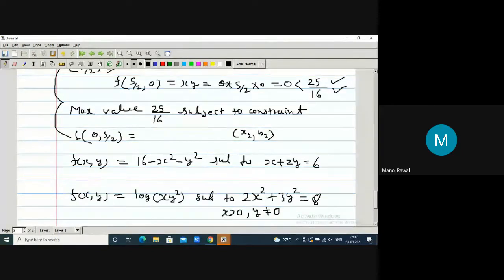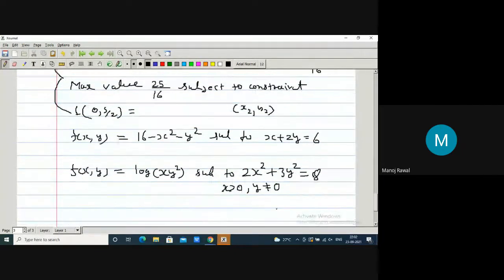Please try the following example at home, and whatever maxima point you get, you will see that if you take any other point which is satisfying the following equation, any other point, here I feel you can have multiple options.